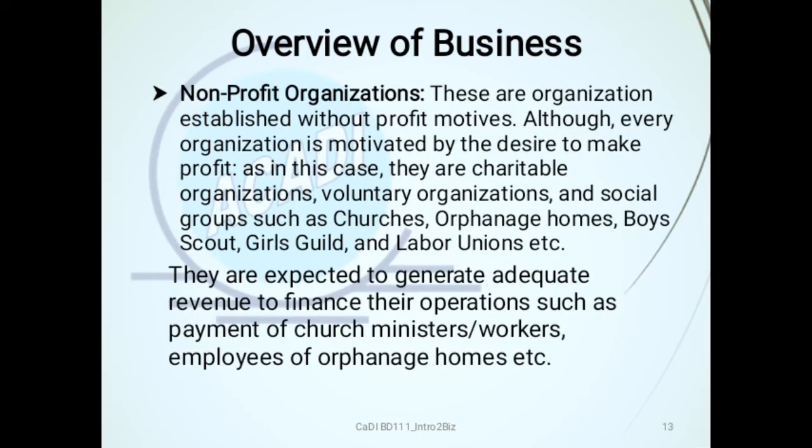Non-profit organizations. These organizations are established without profit motives, although every organization is motivated by the desire to make profit.